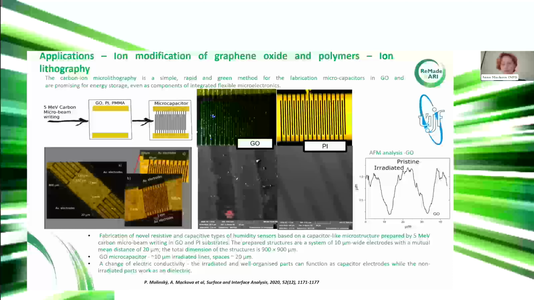The irradiated part becomes conductive, the graphene domain appears, and the non-irradiated part is non-conductive. In fact, the size is 10 micrometers of irradiated length, and the spaces in between are 20 micrometers.